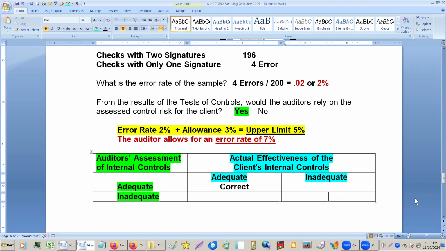Or we get to the next one, we say, okay, we think the controls are inadequate, and they are inadequate. The actual isn't there. So this will also come up with the correct.